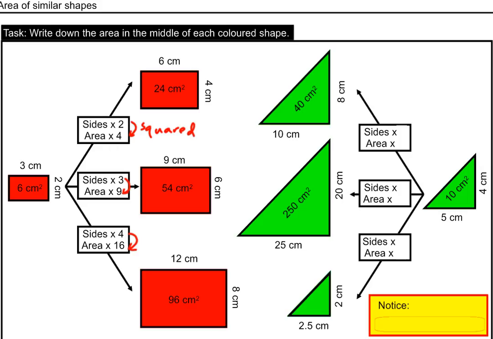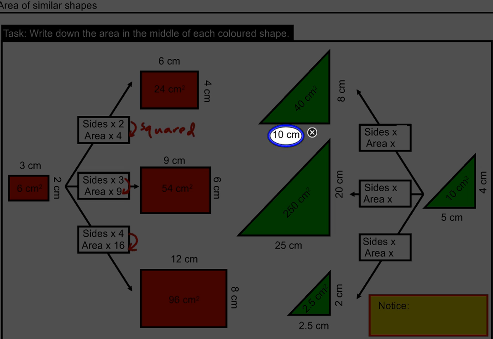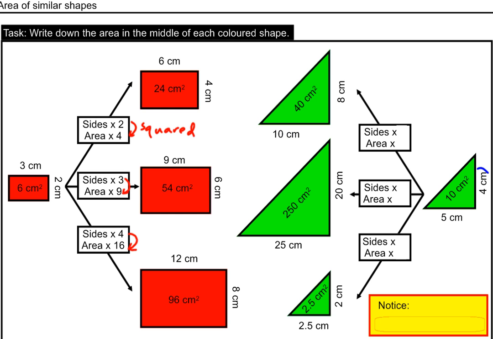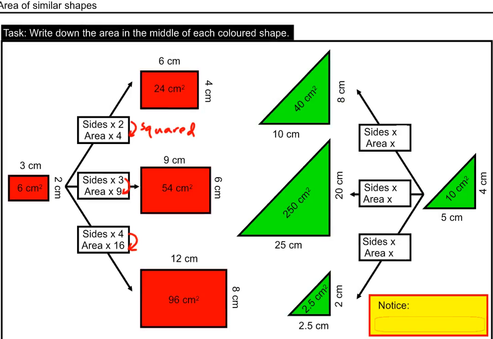Half of 2 times 2.5, and that's just 2.5. So again, from the original, 5 to 10, well, that's been doubled. 4 to 8, that's been doubled. So it's clear we've got a scale factor of 2 for my sides. My area, 10 to 40, that's been times by 4.